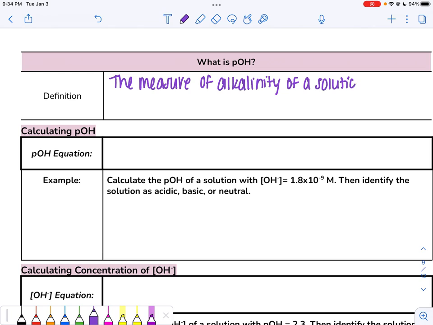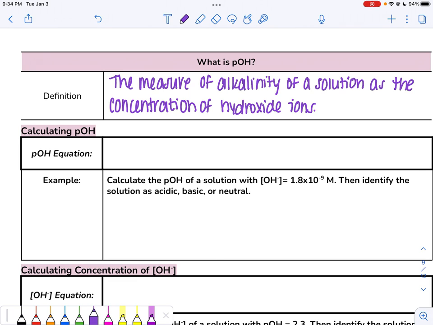Essentially, it's measuring how basic your solution is, as a function of the concentration of hydroxide ions.